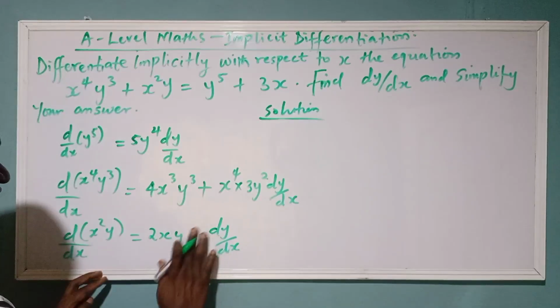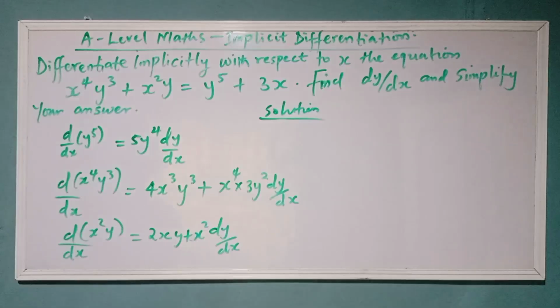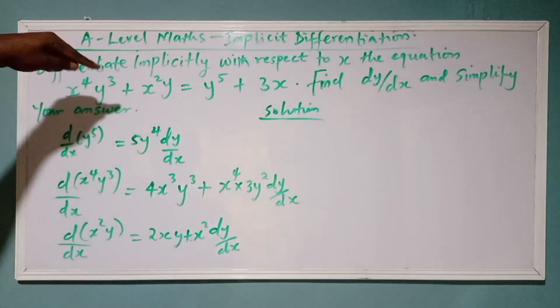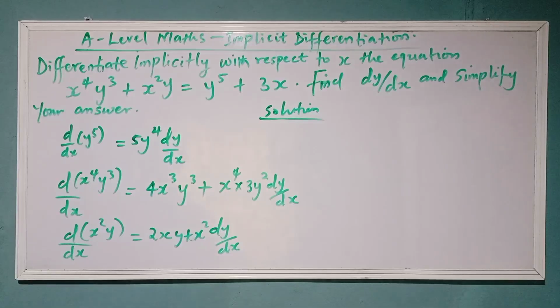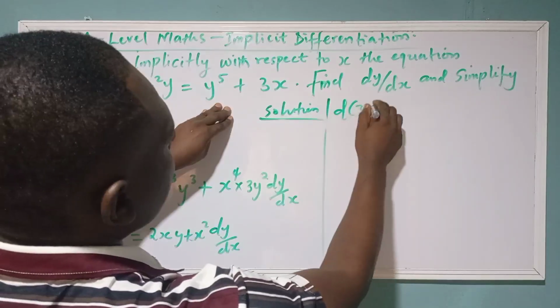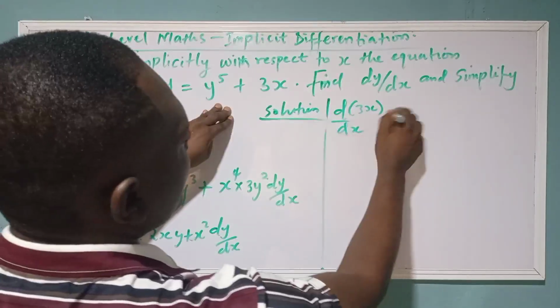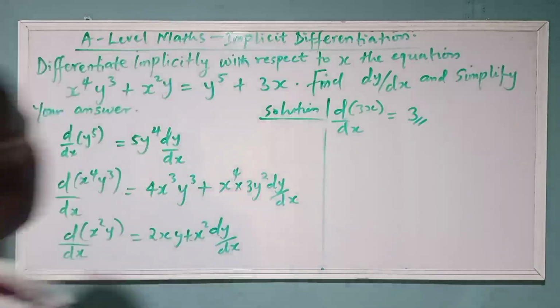Then the last one, the differential of 3x is just 3.